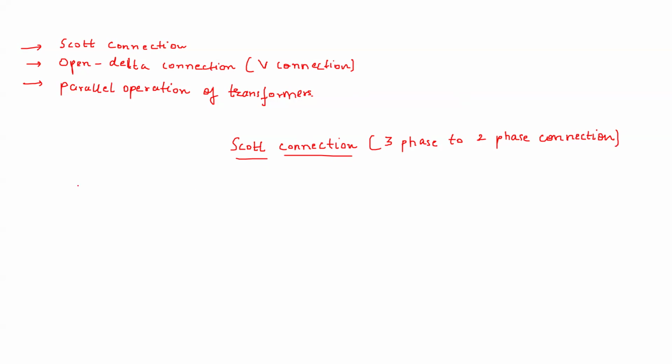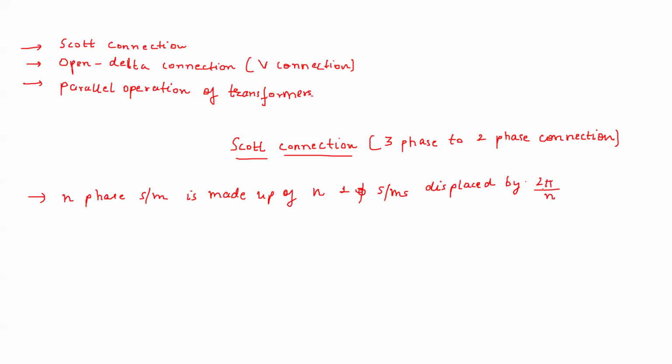So, as I have discussed in the last class also, an n-phase system, suppose a three-phase system or a two-phase system, is made up of n single-phase systems displaced by 2 pi by n degrees.